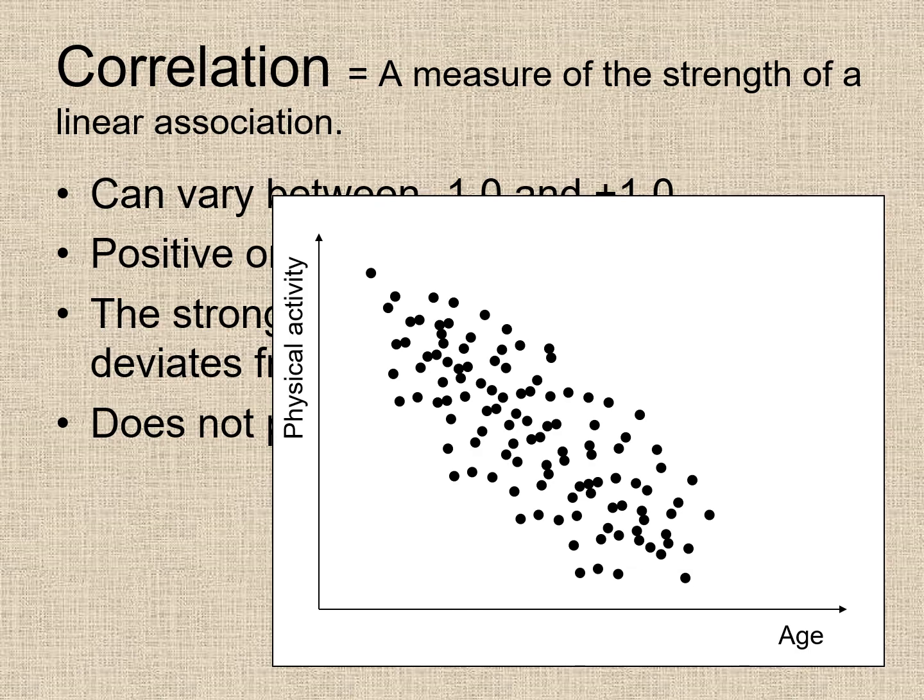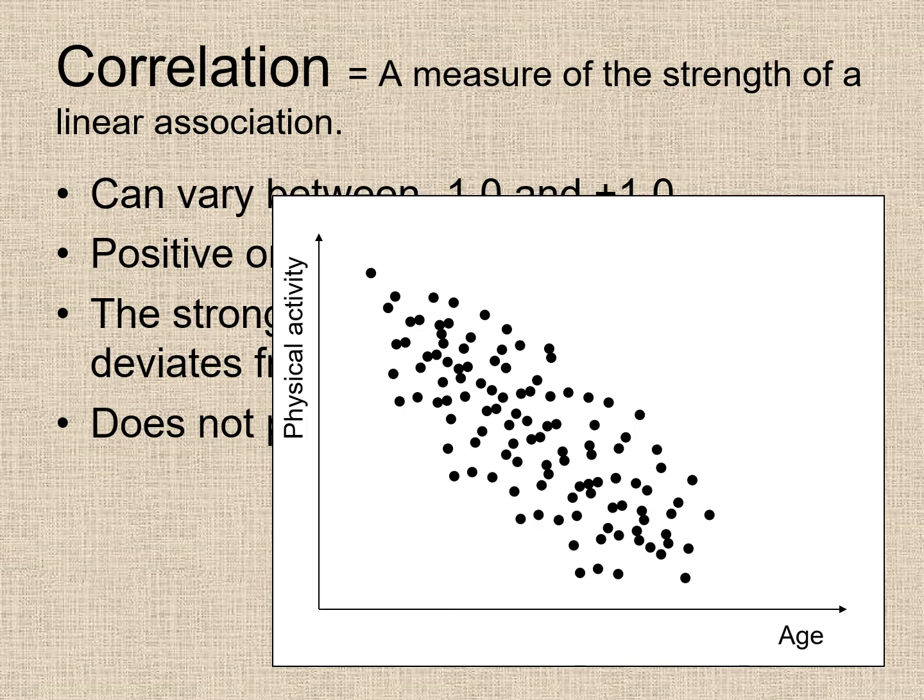So that would be an example of a negative association. And of course, if you calculate the correlation for this with a negative association, you would get a negative correlation, a correlation below 0. I would guess if it looks like this, you would get a correlation of approximately minus 0.5, 0.6, something like that.